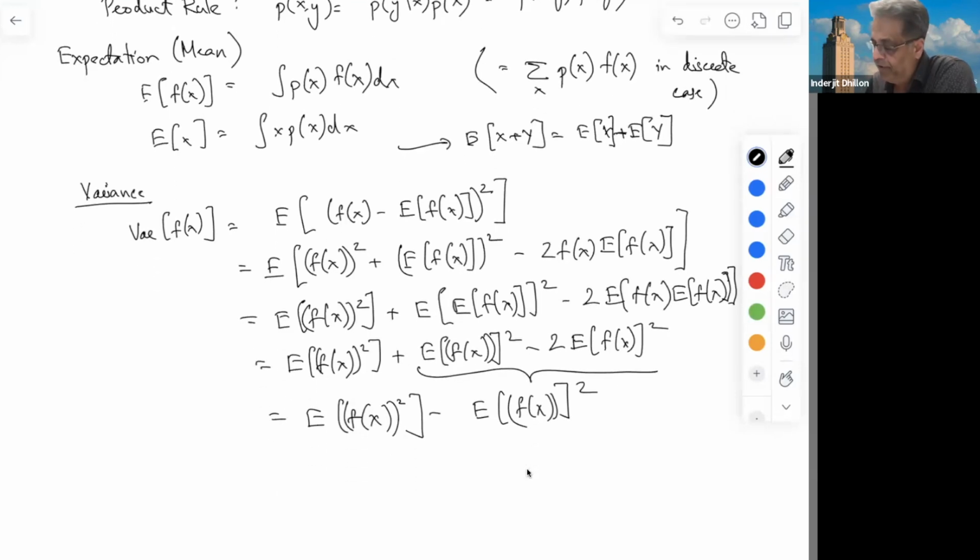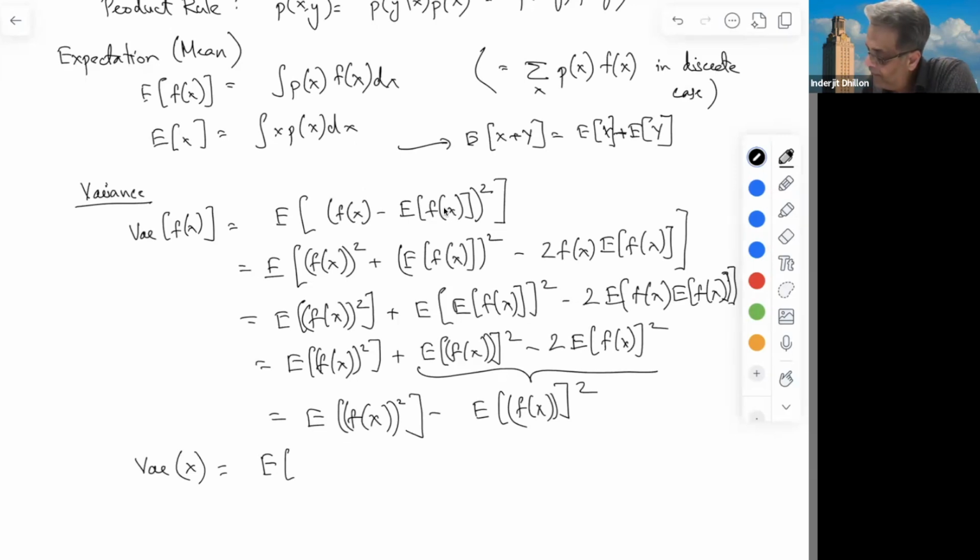Okay, so in particular, you probably have seen this formula in a course in statistics, that the variance of x is the expectation. If I go back to this original formula, I've just replaced f of x with the identity function. So it's the expectation of x minus, it's the deviation of each observation x from its mean.